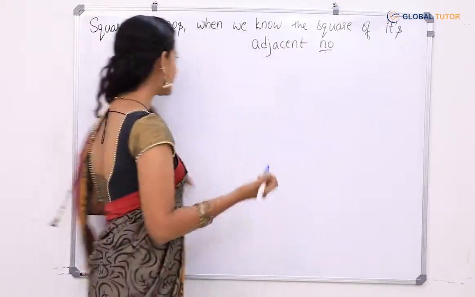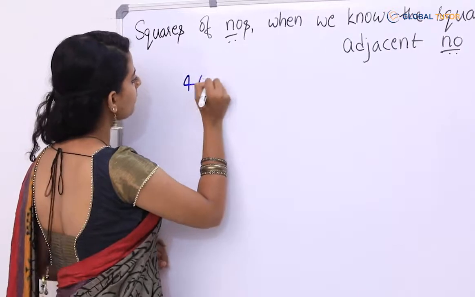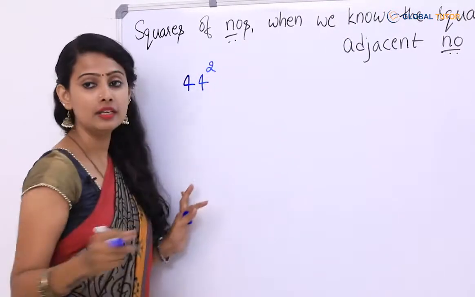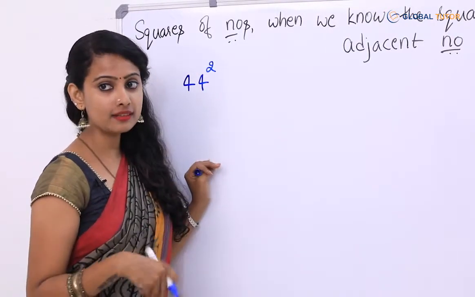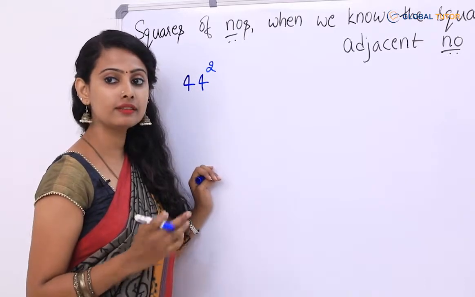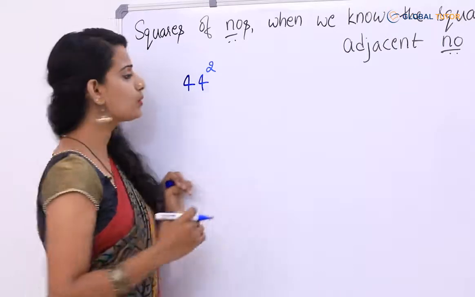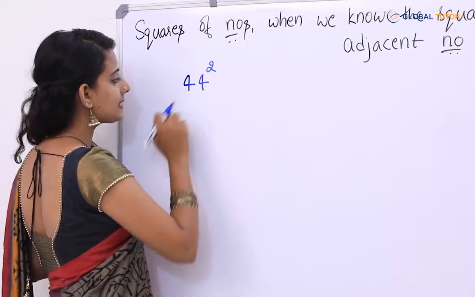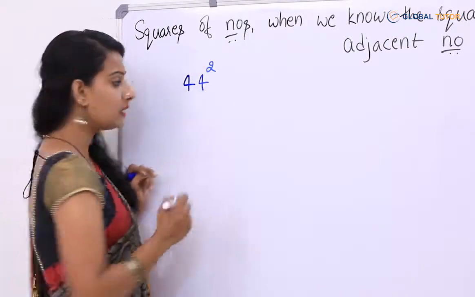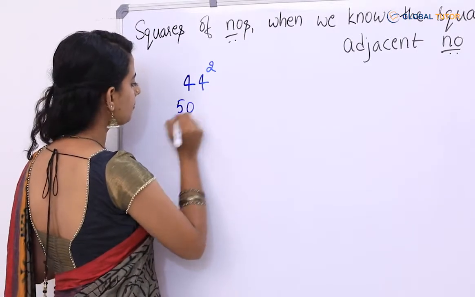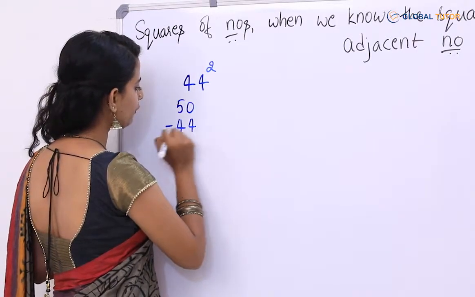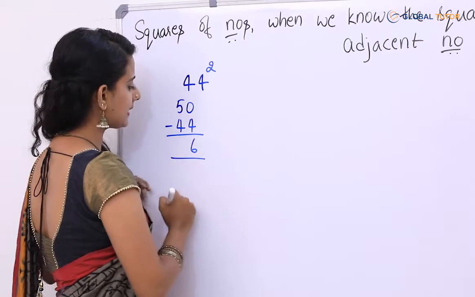Come, let's go. Let us see some examples and see how we can solve the squares of certain numbers. We know by using Yavadunam Tavaduni Kritya Vargam Cha Yojayet, this Vedic Mathematics Sutra, how to solve the square. Since this is a number close to 50, we will subtract this number from 50 and find the difference, which is 6.